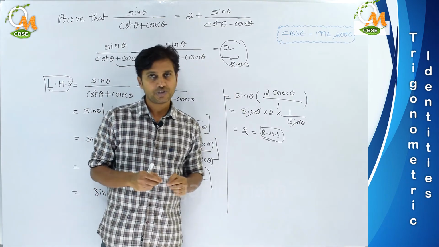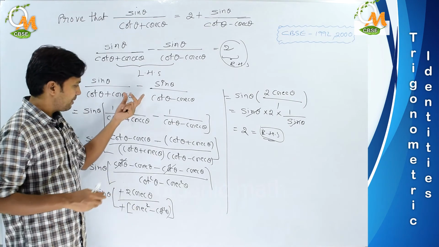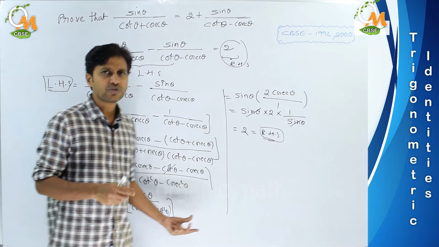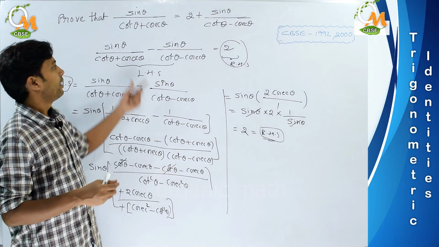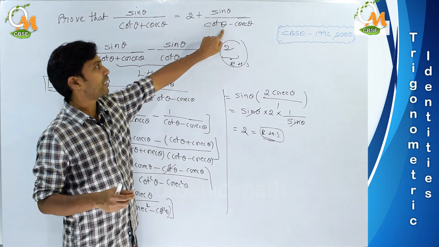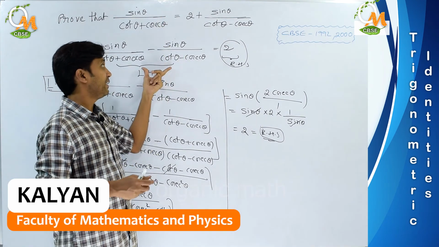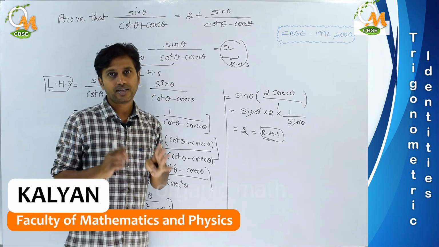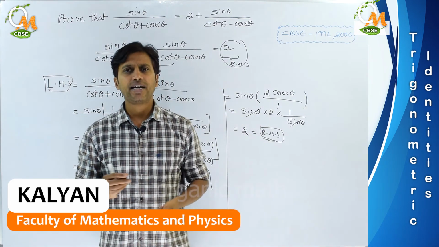Understood? The remaining portion is very simple, because only normal simplification is done, no more tricks. The only trick here is that you need to transfer this term to this side, then consider the entire expression as the LHS part. This is the small key point behind this problem.